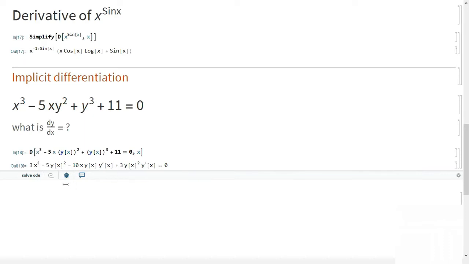So how to do that? Note that before I go on, this will give you a suggestion called Solve ODE, and this means solving this ordinary differential equation. Do not go for that, because we are not solving this differential equation, we just want to evaluate y prime. That's why I'm not clicking on it. So to do that, we introduce another command that comes with Mathematica, and that is called Solve.